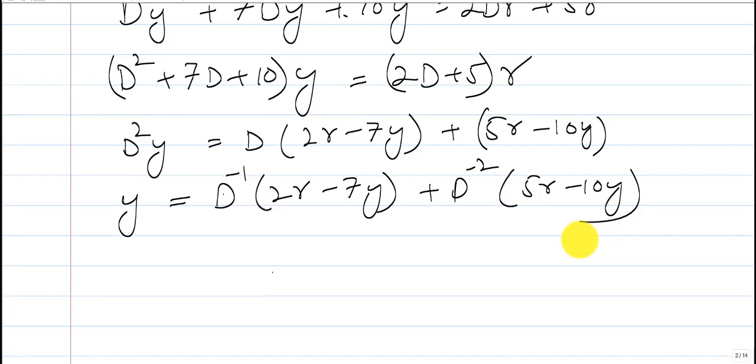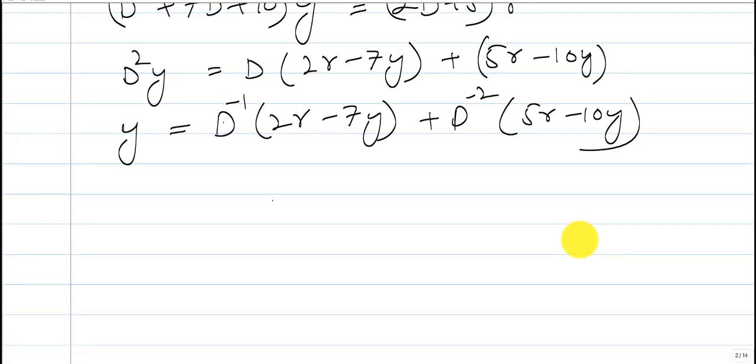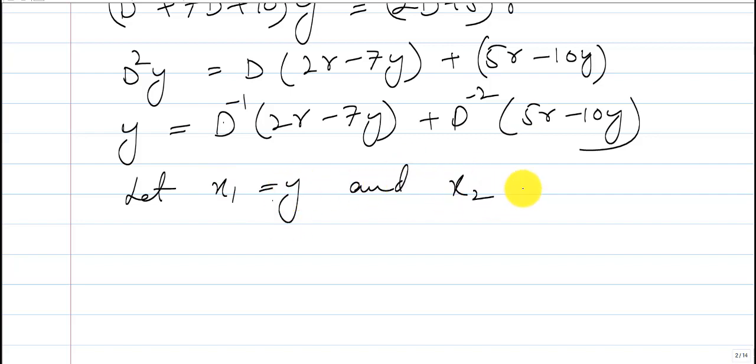Okay, so this is what we have for y. Now let's define two states for this equation: let x1 be equal to y, and x2, these are the two state variables.